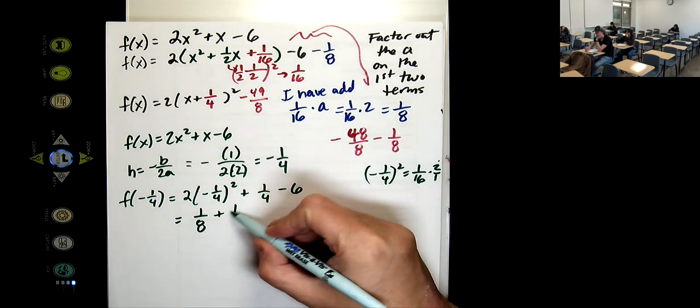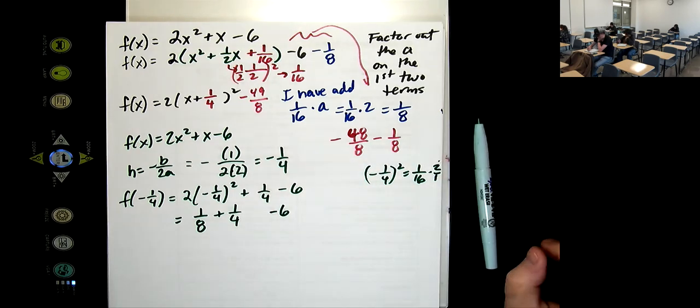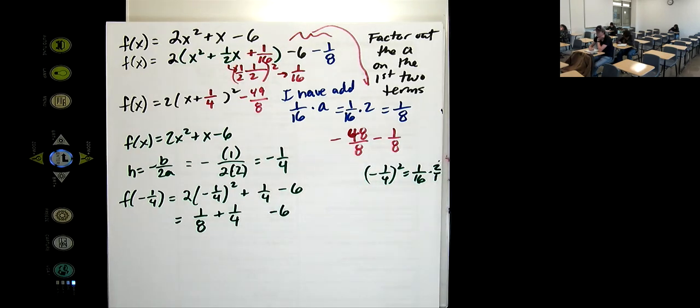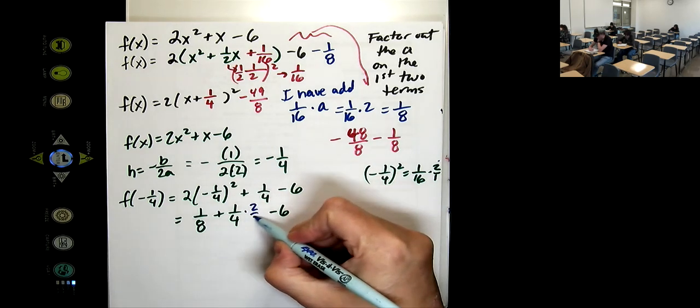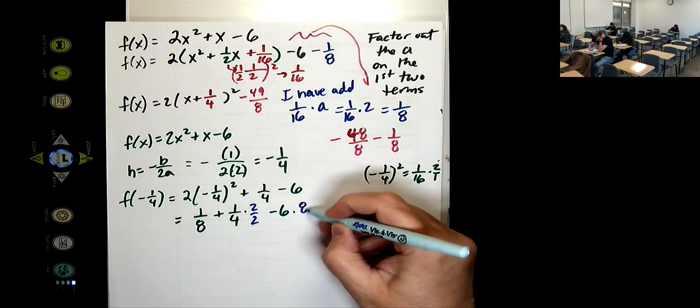So let's get a common denominator with the other stuff. And we'll multiply the 1/4 by 2/2, and the 6 by an 8/8.